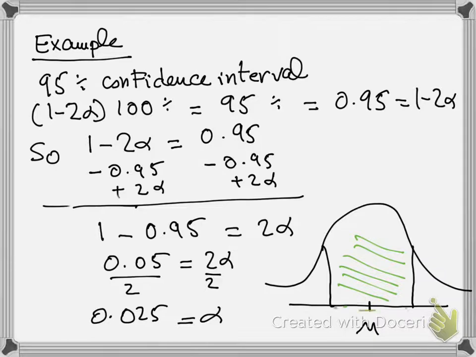The probability that this mu here, the population mean, is in this interval is actually equal to 0.95. That's the 1 minus 2 alpha, which is the 0.95, right?